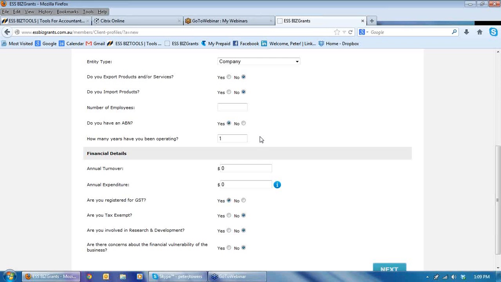And possibly Export Market Development Grant. You could claim that in your first year of business if you spend over $20,000 on export market grant activities. But other than those two grants, and obviously research and development as an accelerated tax rebate, there are no other grants that readily come to mind in the Commonwealth area for small medium enterprise.